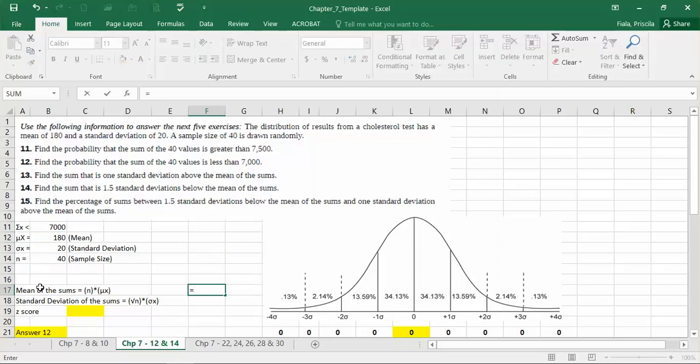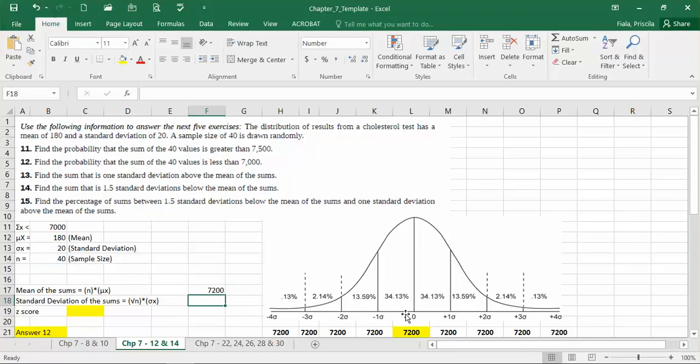Now we're going to find the mean of the sums, which is going to be the sample size times the mean of the population. There we go. So now we have the mean of the sums, which is represented right here. When I do the standard deviation, it's going to subtract 1 times, 2 times, 3 times, 4 times, and add 1 times, 2 times, 3 times, 4 times.